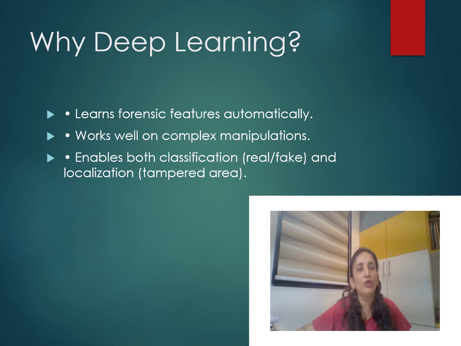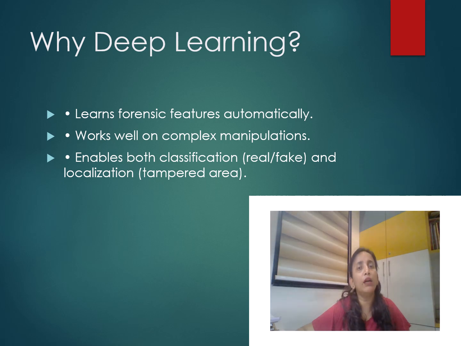Why deep learning? To explain why deep learning is better and more powerful than older forgery detection techniques, we should know why traditional methods were not powerful. Traditional image forgery detection methods relied on manually designing features.